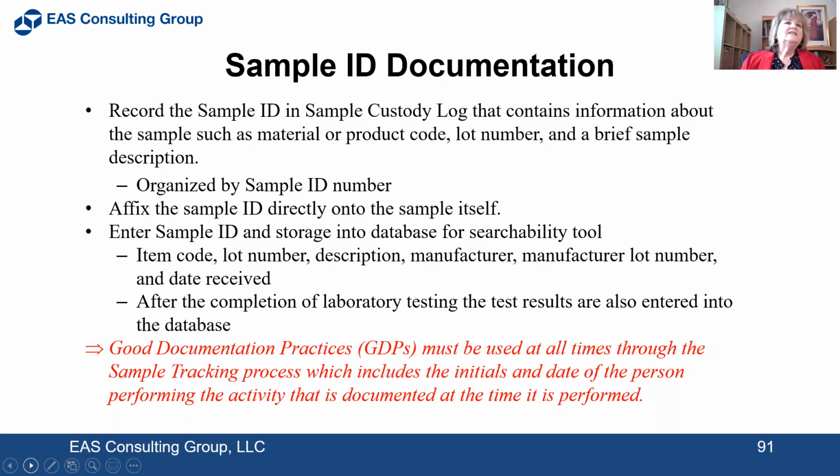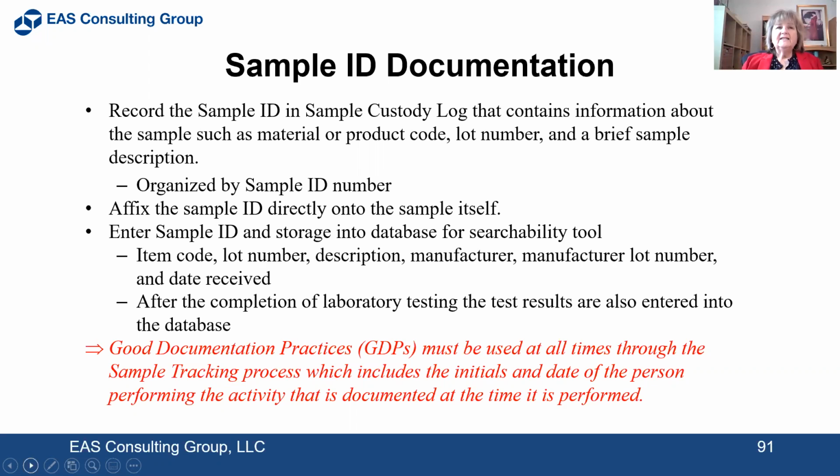So, sample ID documentation. You need to record the sample ID in the sample custody log that contains information about the sample, such as a material or product code, lot number, and a brief sample description. You organize those by sample ID. Affix a sample ID label directly onto the sample itself.